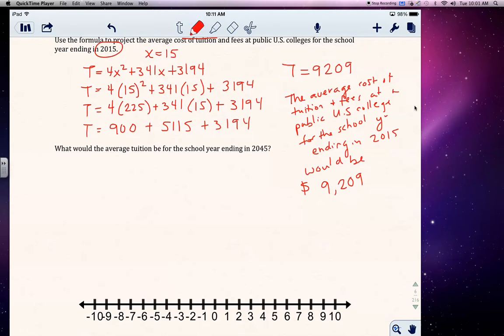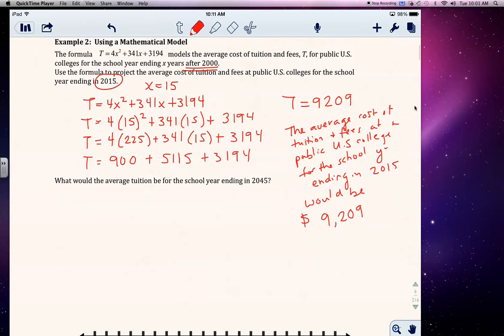But what would the average tuition be for the school year ending in 2045, so 30 years later? I think you could guess that it definitely would go up based on what's been happening currently. So let's go ahead and find that out.